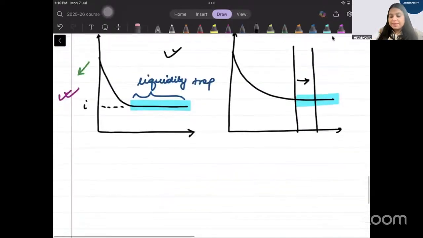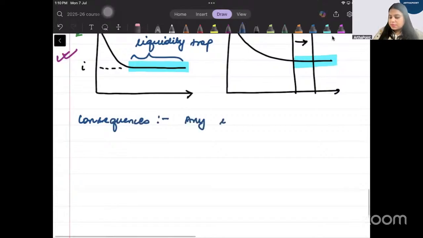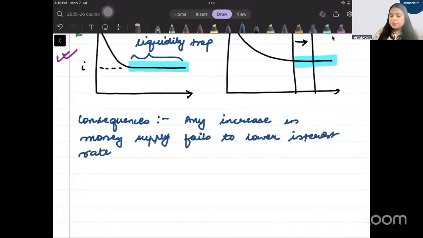उसने मुझसे इसका meaning पूछे liquidity trap का, right? And I would have said consequences of liquidity trap. And I would have said that any increase in money supply fails to lower interest rate. देखो जब इंटरेस्ट रेट गिरता है तो ऑटोमेटिकली इन्वेस्टमेंट बढ़ती है.